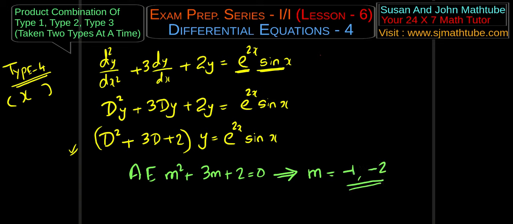So the roots are real numbers as well as distinct. So the complementary function is y equal to c1 e to the power minus 1x plus c2 e to the power minus 2x. Up to this, it's the same process.